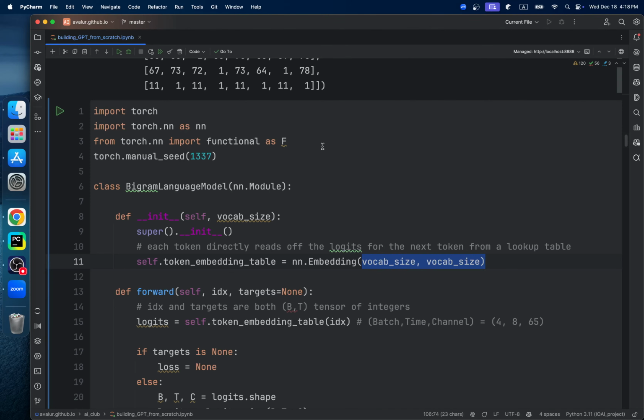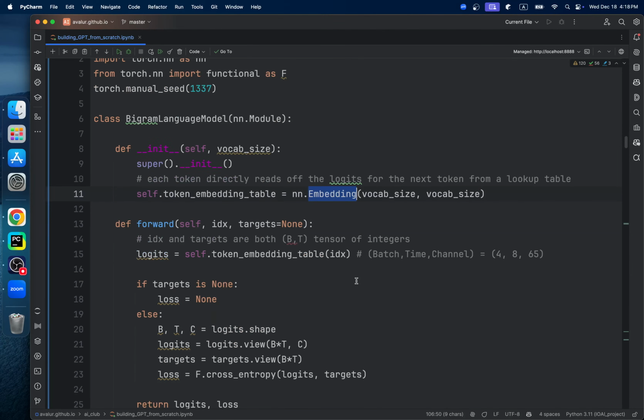That's why for each input token, we can simply select the row of this layer, and this row gives us raw scores for next token prediction.